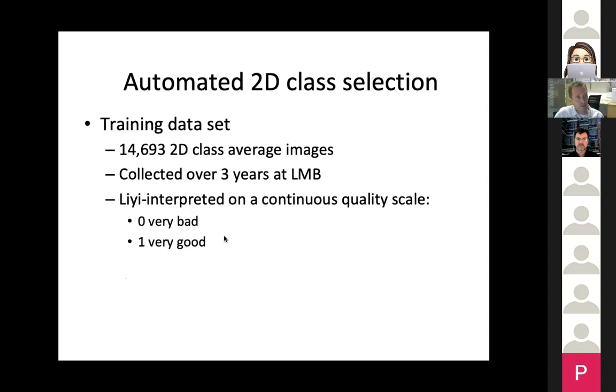So for about 2 years before Lee started her PhD, and then for another 1 or 2 after she started, I had been asking RELION users through a little snippet in the code, every time they did a 2D classification and then did a subset selection, with a pop-up window, would you be willing to share your images with us for algorithm development?